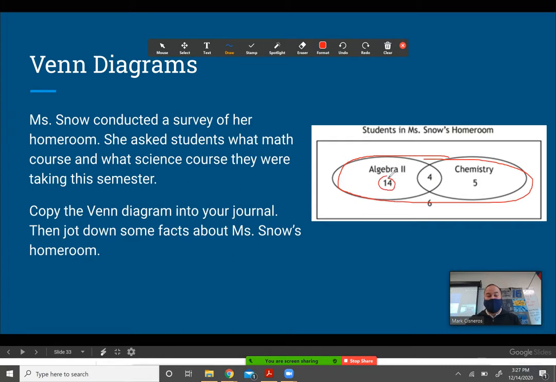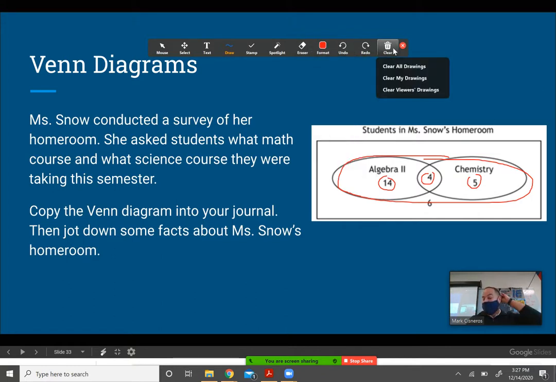It's the 14 people, the 5 people, and even the 4 people that do both of them. They're still taking one or the other. Christian, if I ask you, are you an AQR? What are you going to say? And if I ask you, do you play baseball? And if I ask you, do you play baseball or are you an AQR? You're still going to say yes, even though you're doing both of them. So be careful when it talks about that.